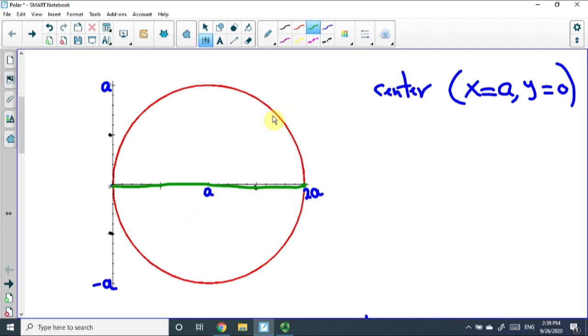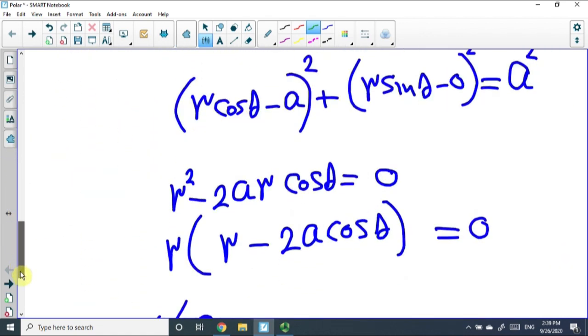Let's take another value for theta and find the value of r. You can take any value for theta and you will find the answer.